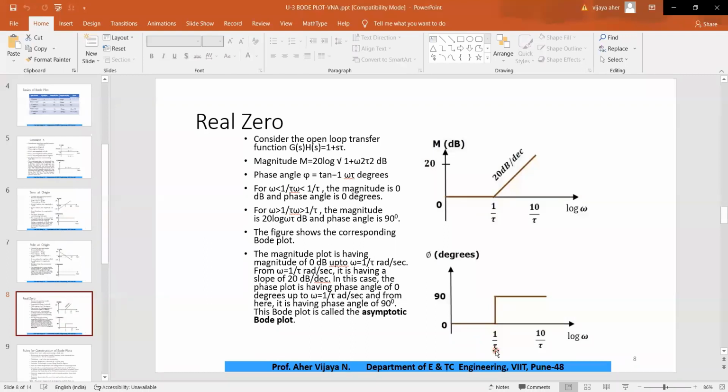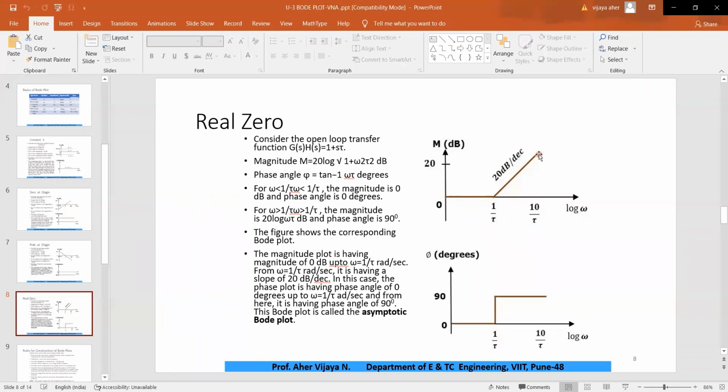Now when omega is greater than 1 divided by tau, that means after this point, the magnitude is nothing but 20 log of omega tau.